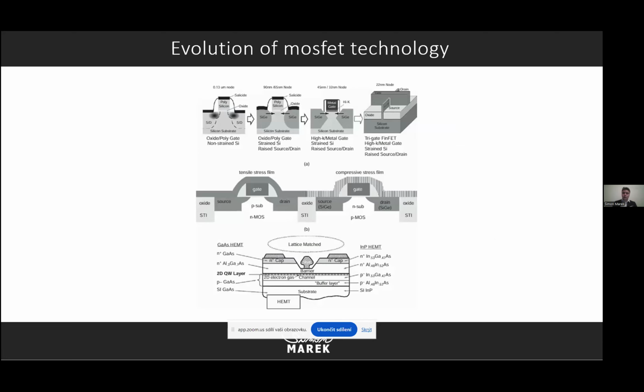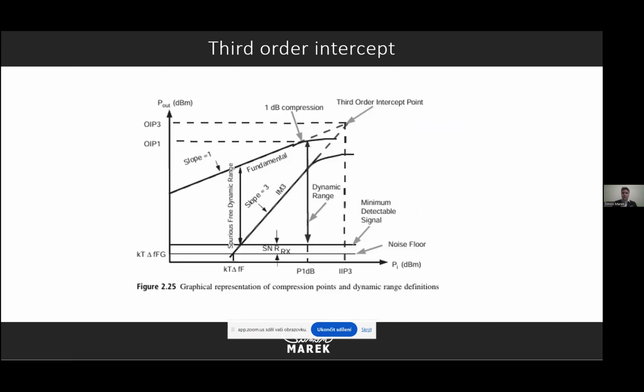There is evolution of MOSFET technology. We won't cover this one probably. There is a third order intercept point, which is very important for amplifiers, and this is how you actually measure the properties of an amplifier. There is a linear region, and there is the third order intercept here.